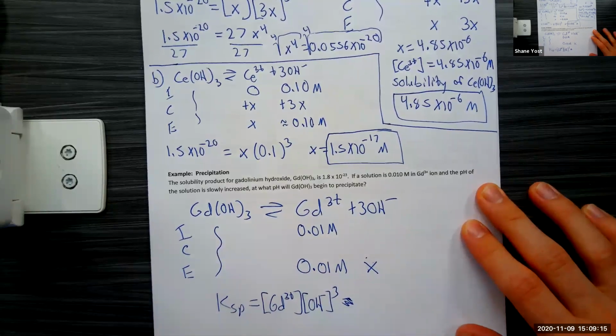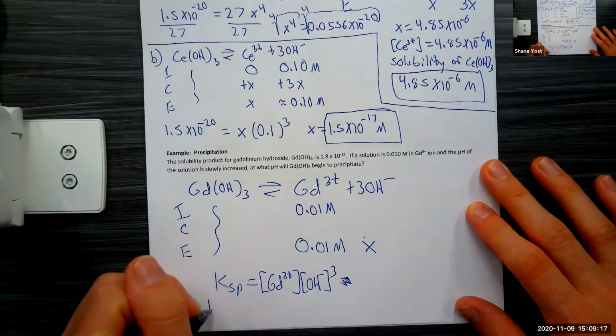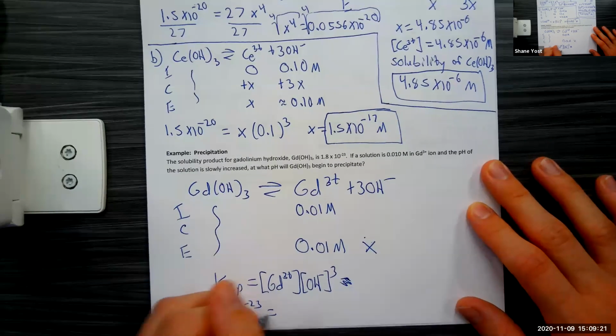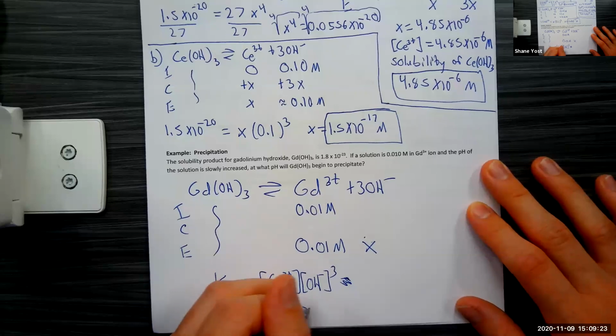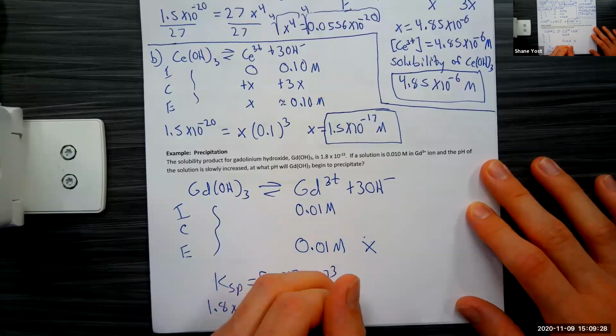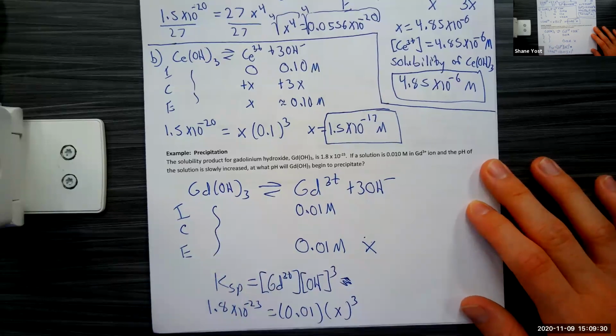So plugging in, we have 1.8 times 10 to the minus 23. This equals our equilibrium concentration of Gd3 plus times that of OH minus cubed.